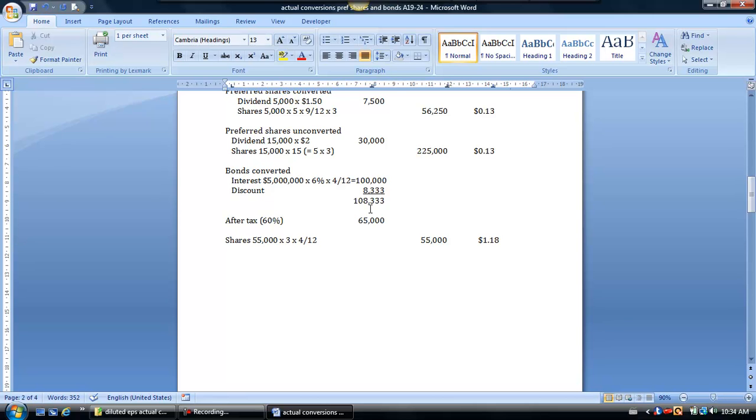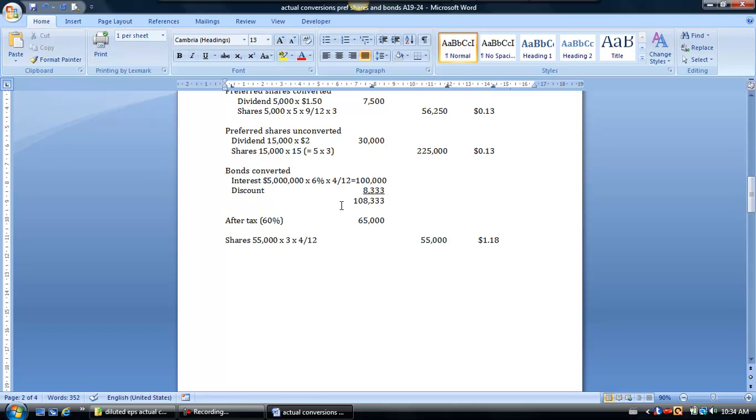Well, I'm not sure here if they actually gave us the amount of interest expense for sure, but we can calculate that because they told us that the bonds here were 6%, right? And it also told us in the question that when they were converted, there was a remaining discount on the bonds that was unamortized of $8,333.